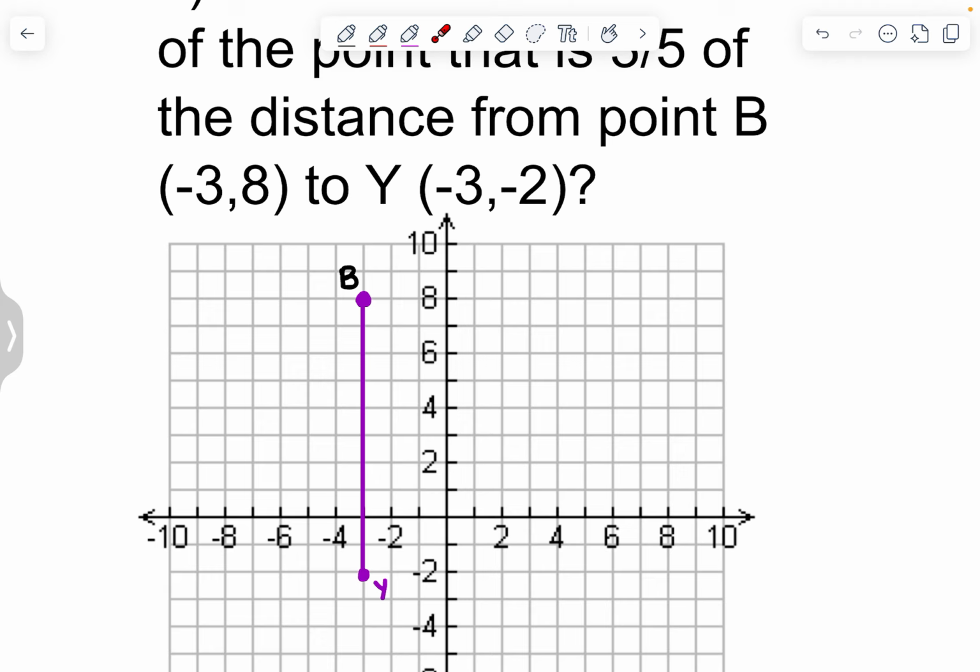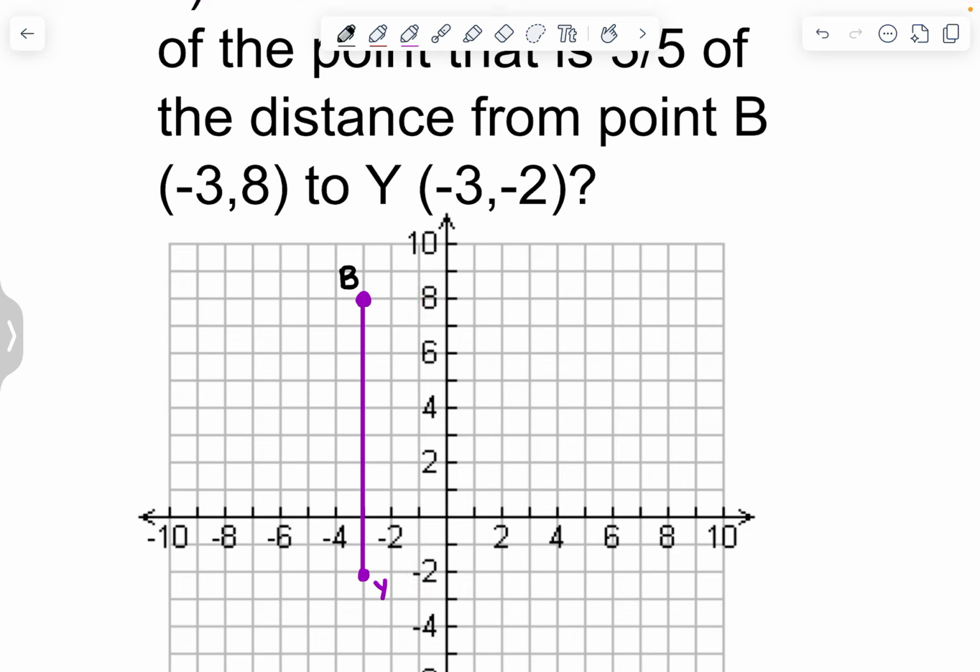Is our segment oriented horizontally or vertically? Hopefully you shouted out vertical. So because it's vertical, the coordinates that we're going to be paying attention to are going to be these Y coordinates, the coordinates on the Y-axis.